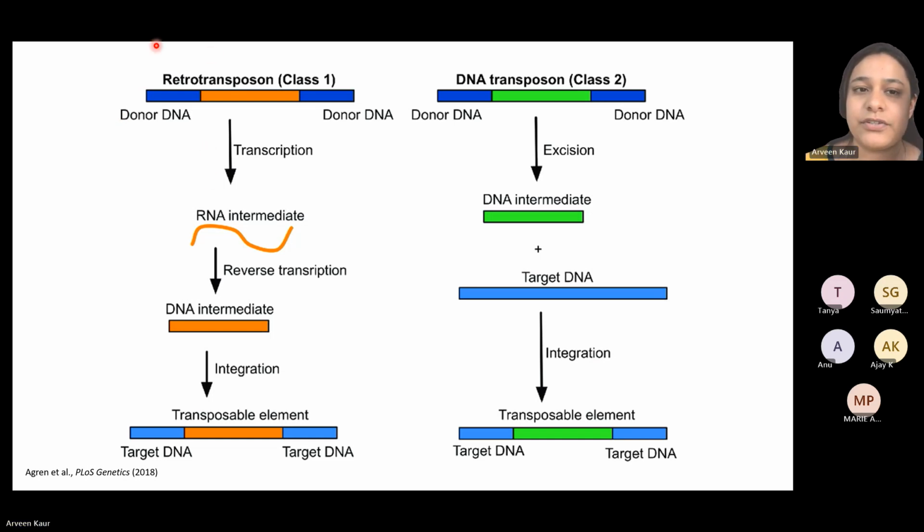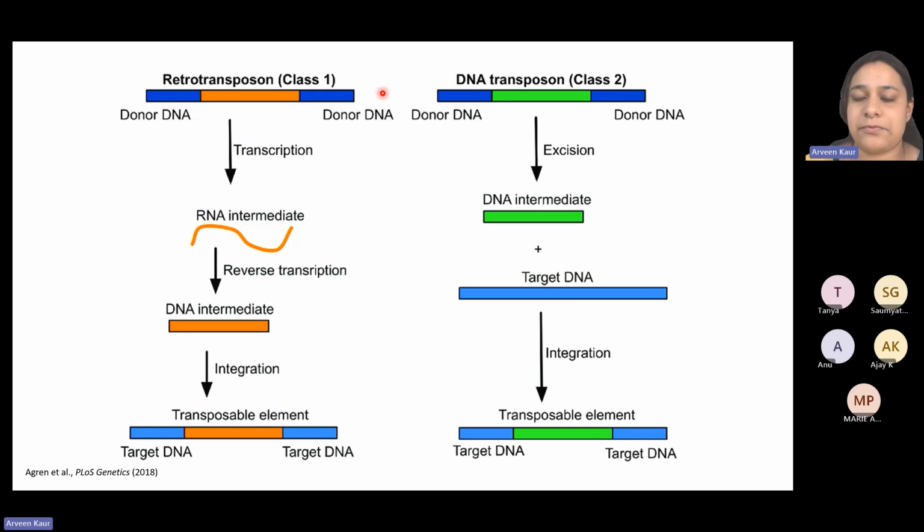So reverse transcription, retrotransposon: an RNA intermediate is required, and RNA leads to the formation of DNA. What this retrotransposon class of transposons did was that these were present between our normal DNA.